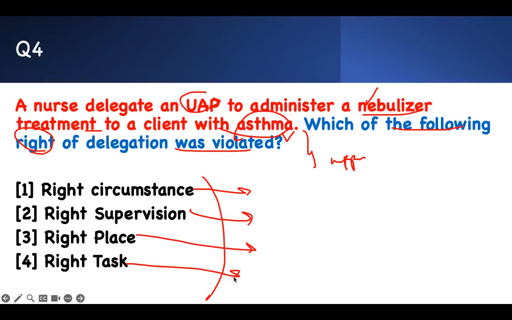It does not need any instruction, any repetition, any supervision. So you give the right task to somebody with competency. So what was violated is the task was not appropriate for the UAP. The task is not appropriate because the situation does not show circumstances or supervision or place. It's an inappropriate task, and she should refuse it.